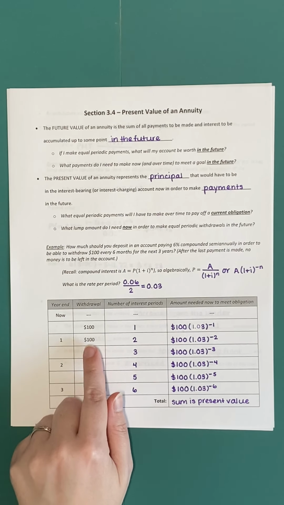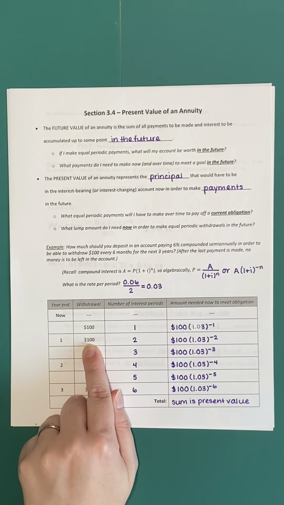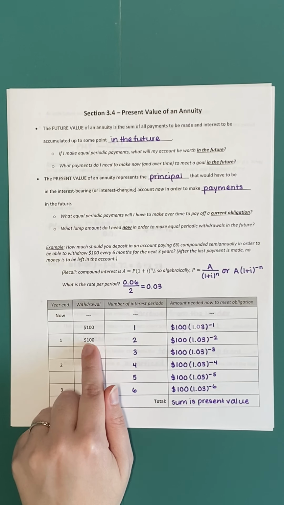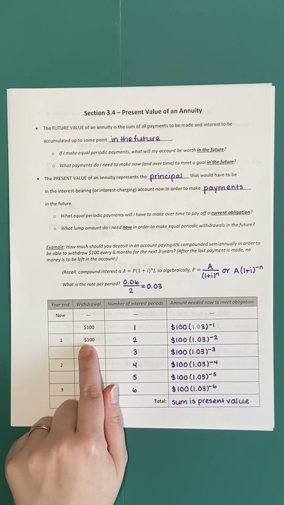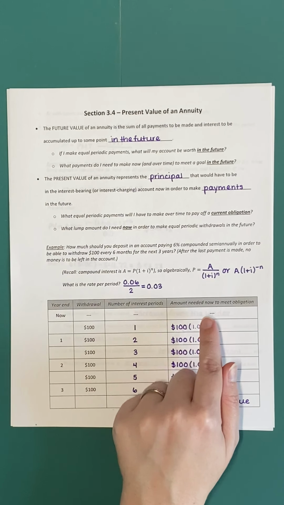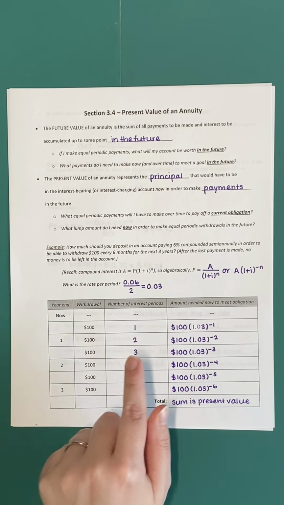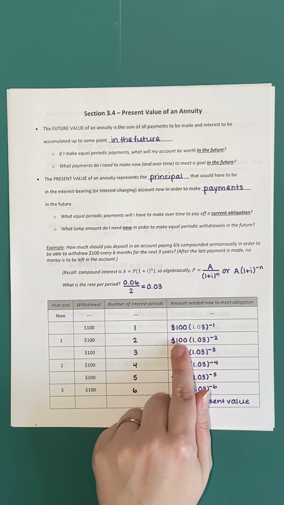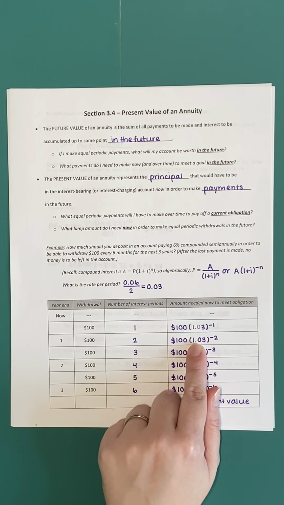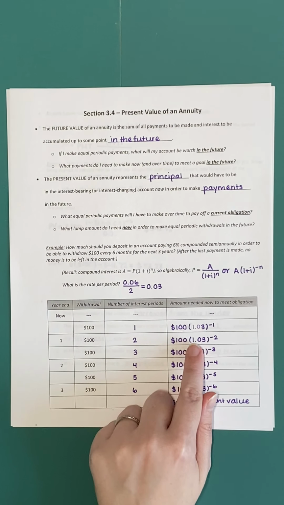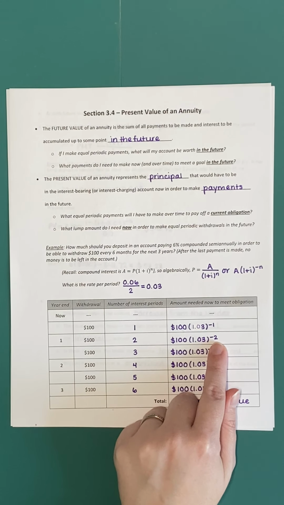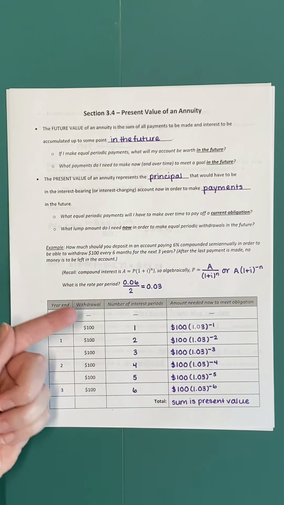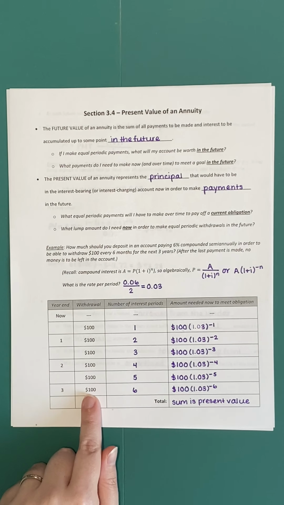So in order to make this $100 withdrawal, in order to have this $100 in the account, that's going to be our value for A. The principal we need to cover this, the amount we need deposited on day 1 to cover this payment, has had 2 periods to accrue interest. So the value is going to be 100 times 1.03, so 1 plus our periodic rate, but now it's raised to the -2 power because we've had 2 interest periods, all the way down to our very last withdrawal.